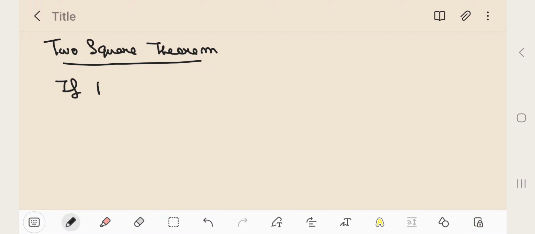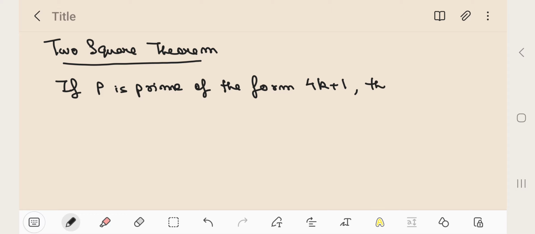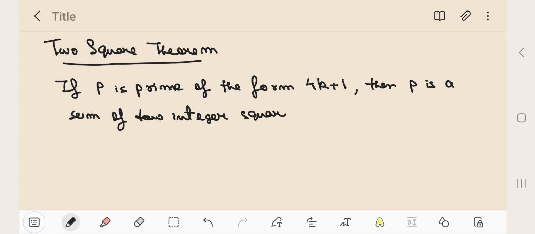If P is prime of the form 4k plus 1, then P is a sum of two integer squares. Okay, so this is the question we would like to follow.